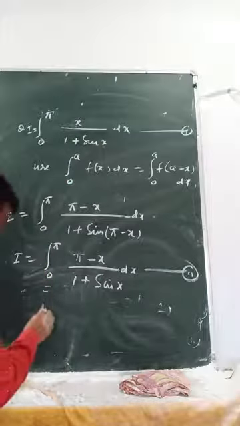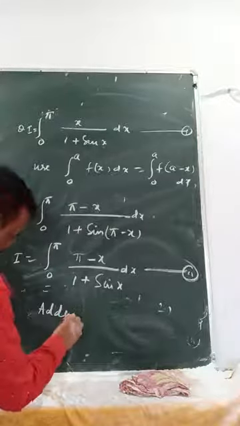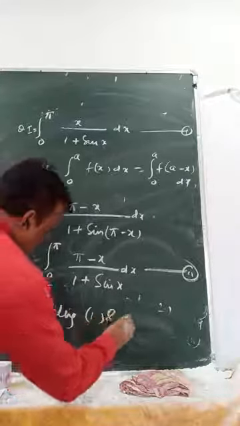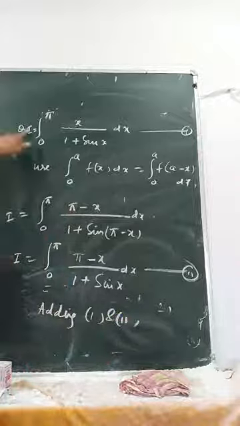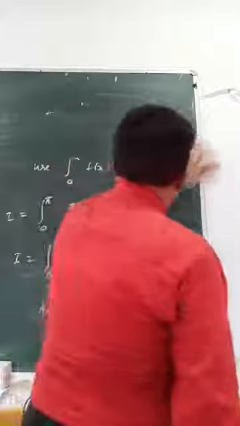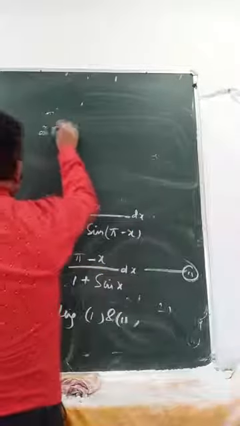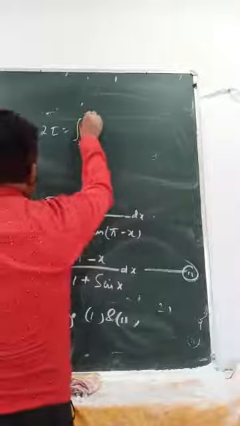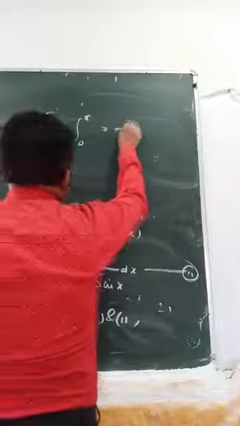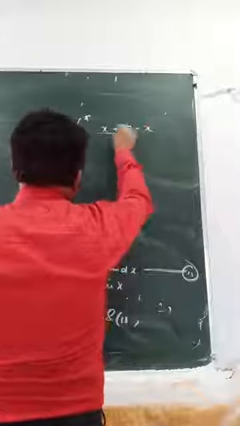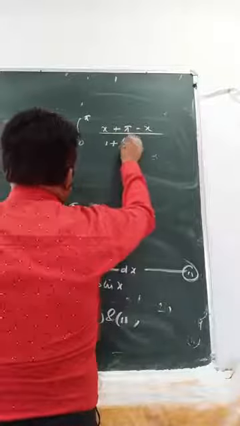Now adding 1 and 2, look, the denominator is the same, so the numerators will be added here. You get I plus I, which is 2I. 2I equals integral 0 to pi of (x plus pi minus x) by 1 plus sin x.